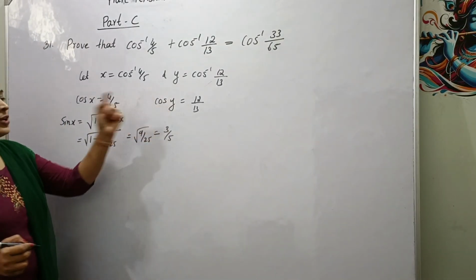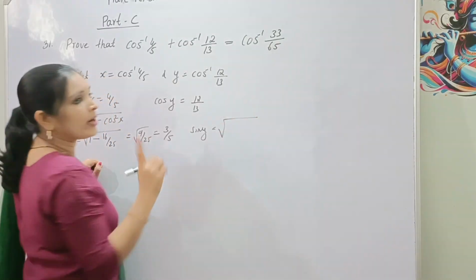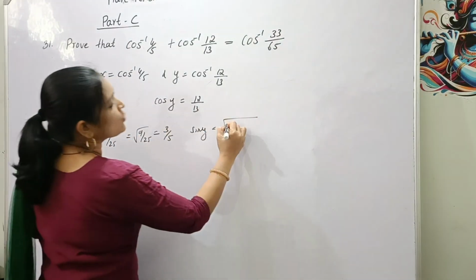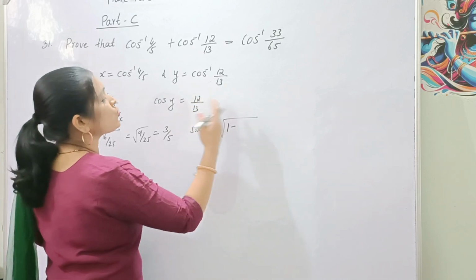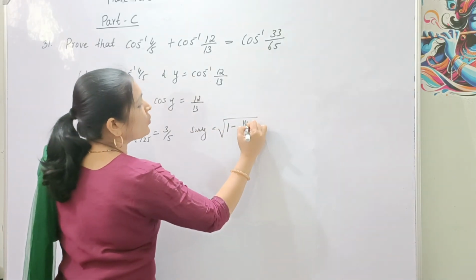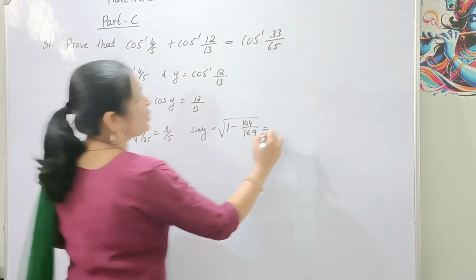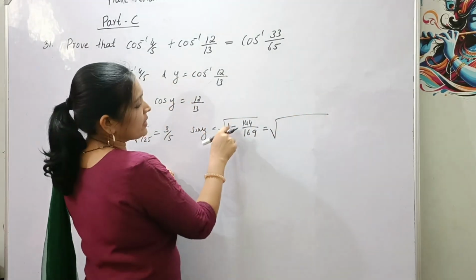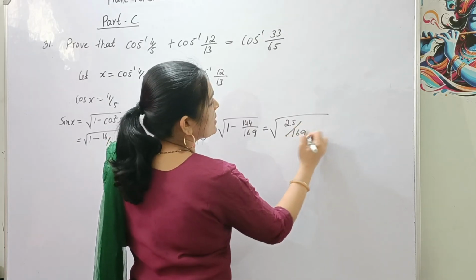Similarly, we will find sin y. Sin y is equal to square root of 1 minus cos square y. Cos y is 12 by 13, cos square y is 144 divided by 169. That is equal to square root of 169 minus 144, 25 divided by 169.